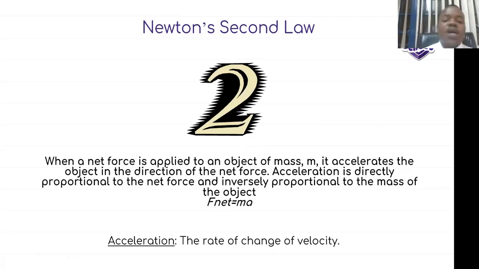Now, some of the textbooks that you learners are using, you will find that it says when a net force is applied to an object of mass m, it accelerates the object in the direction of the net force, and it ends there.